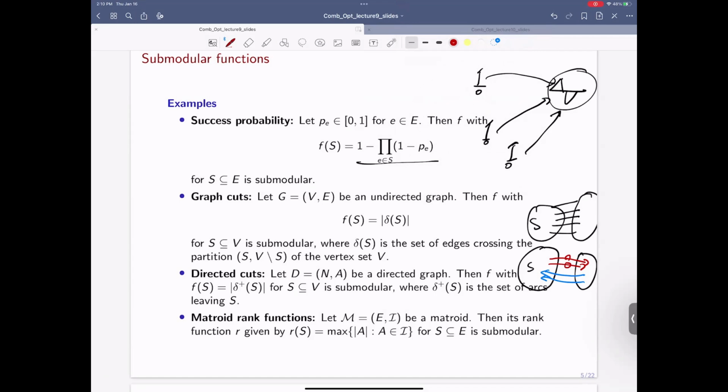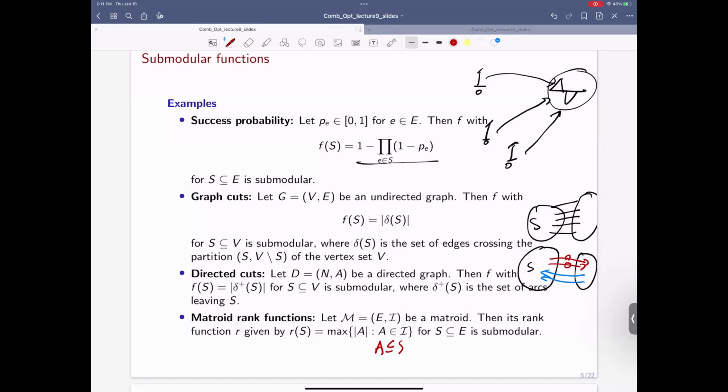The rank function is that when you take a subset S, its rank function value is the maximum size of an independent set contained in this subset S. It can be that you take a subset of edges, and an independent set corresponds to a tree that doesn't contain a cycle.